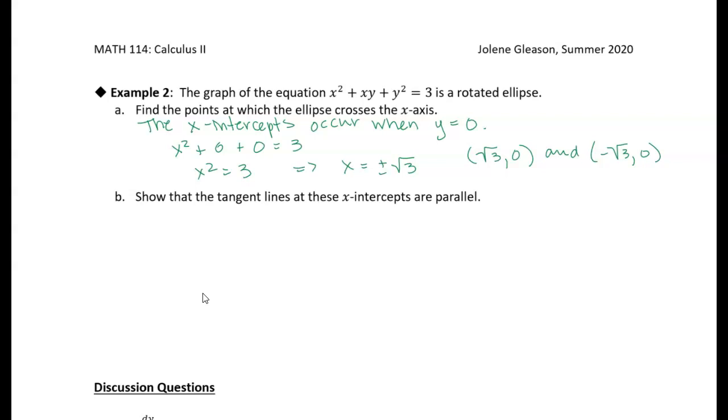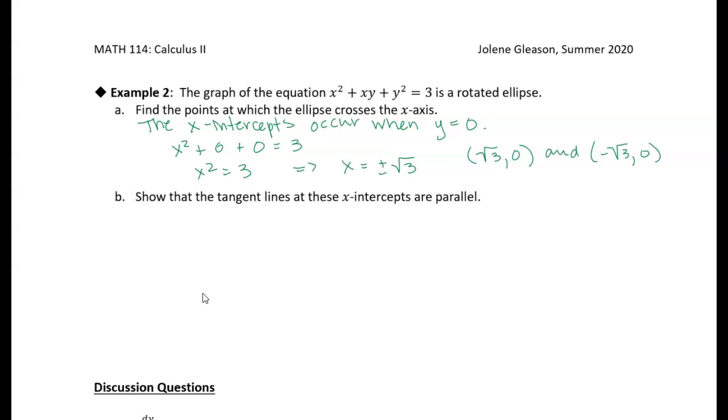So we want dy dx. So again, I don't want to solve this for y in terms of x to get dy dx. So I'm going to use implicit differentiation to do this. So let's just differentiate the equation as it is and treat y as a function of x.